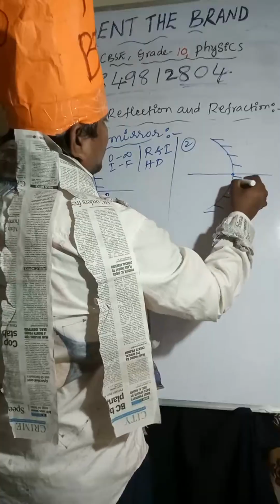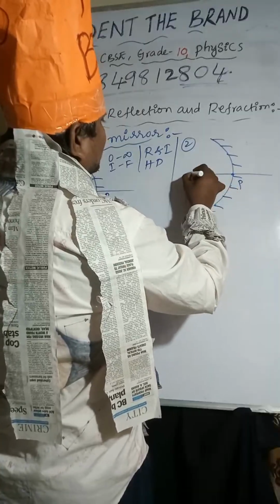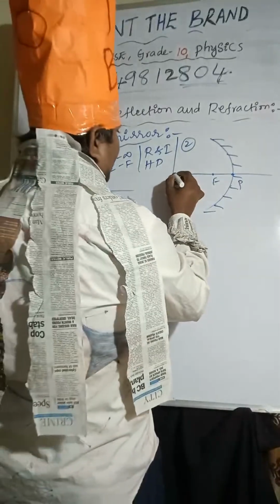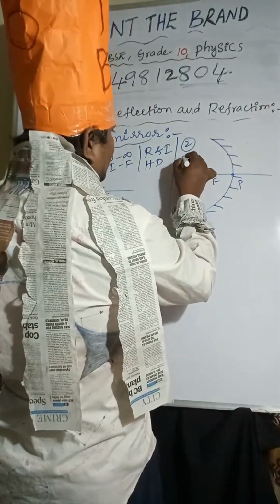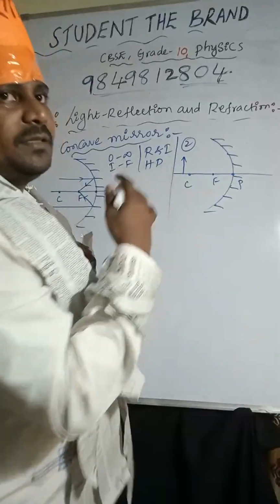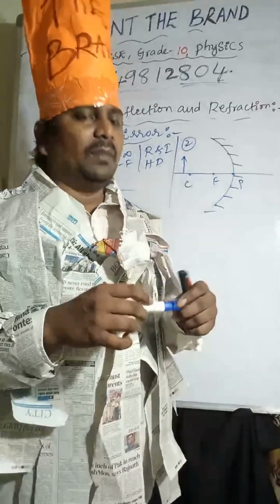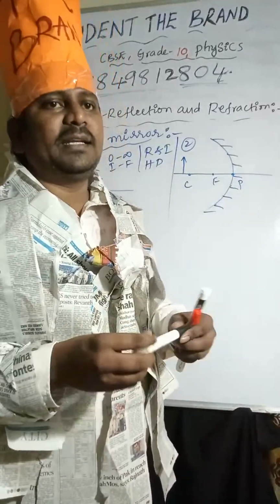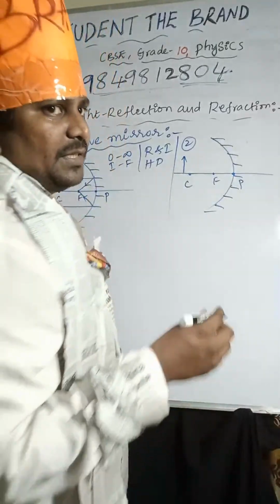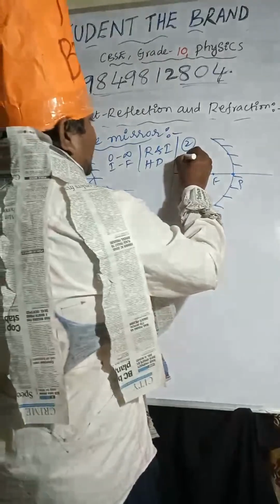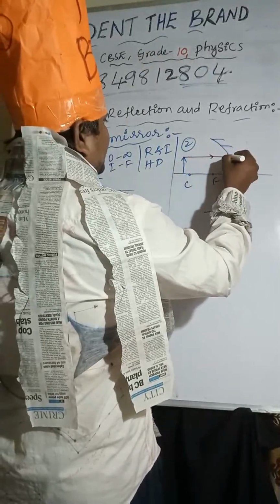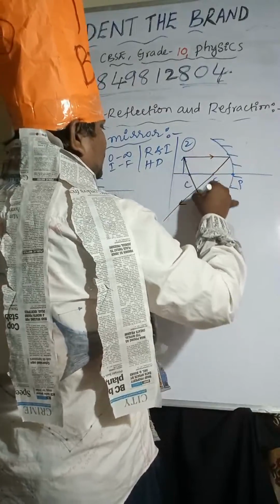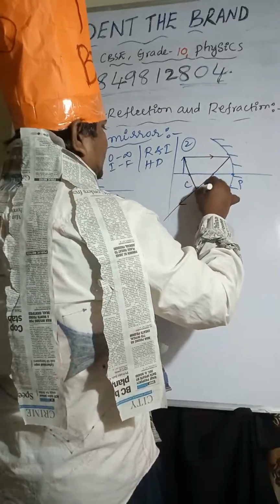Pole, focus, center of curvature. Object is placed beyond the center of curvature. How many light rays are required to form the image of the object? Minimum 2 light rays are required. One light ray I am taking like this, and after reflection it passes through the focus. Another light ray passes through the center of curvature.